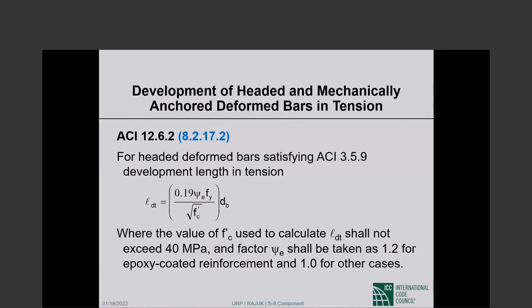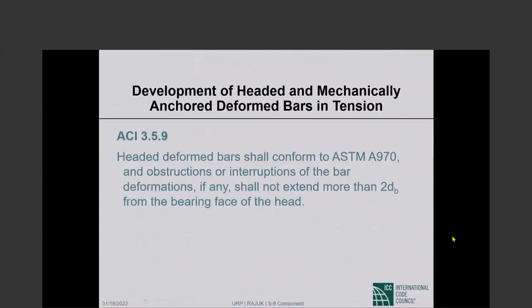For headed deformed bars satisfying 3.5.9, 3.5.9 tells you about the ASTM. I have it on the next slide. Anyway, so headed bar satisfying 3.5.9. What does 3.5.9 say?